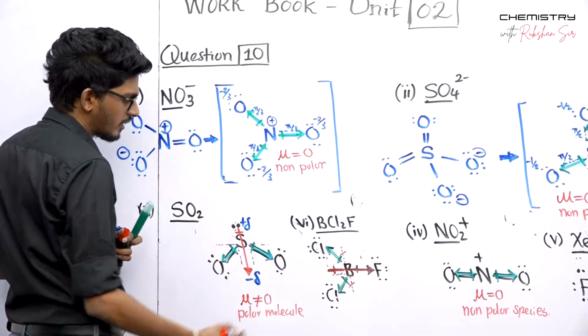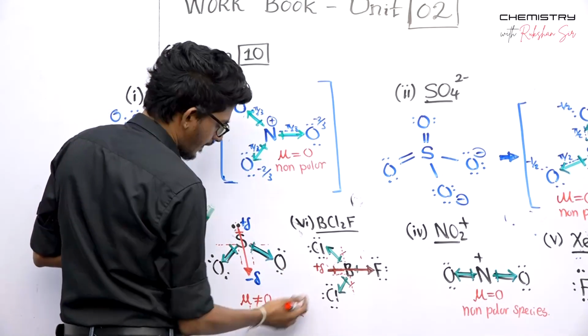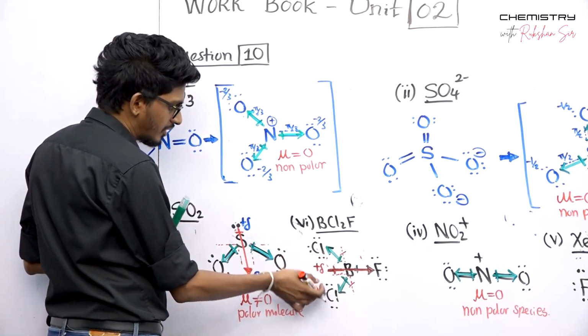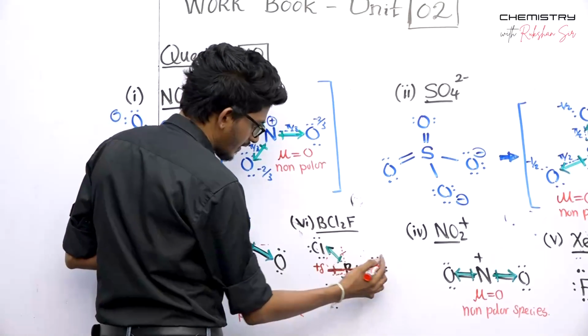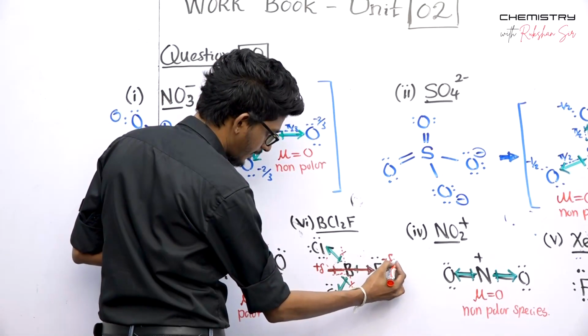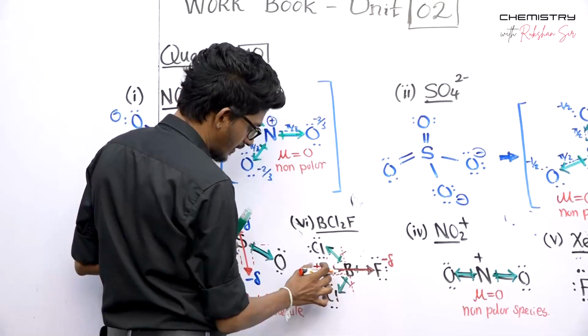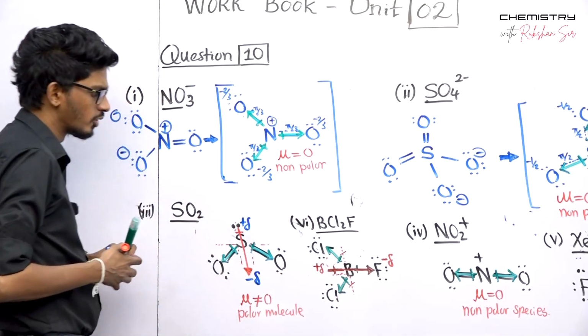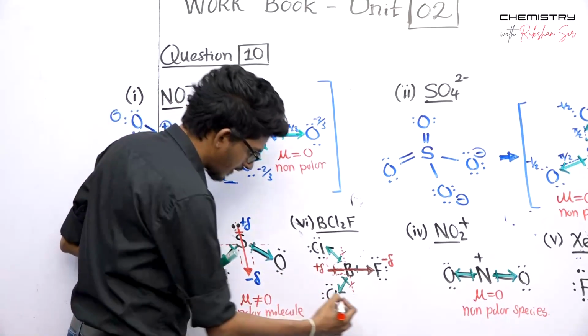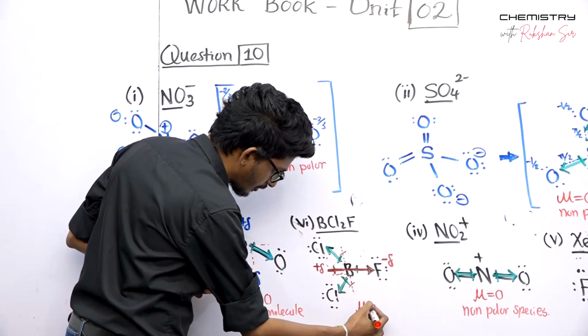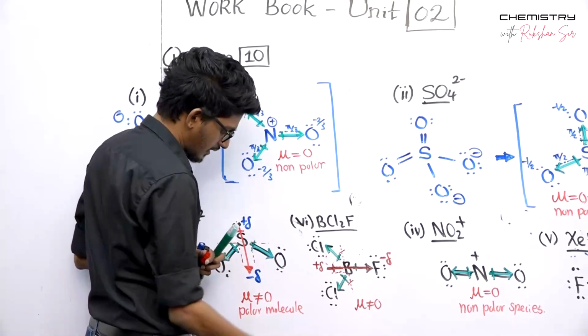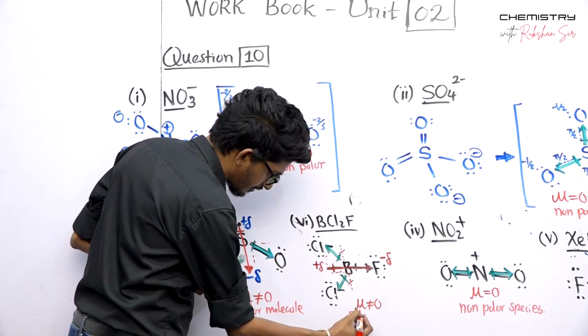So a positive pole is actually between the two chlorines, and a negative pole is at the fluorine corner. So you have a net dipole moment that is not equal to 0. That means it is polar.